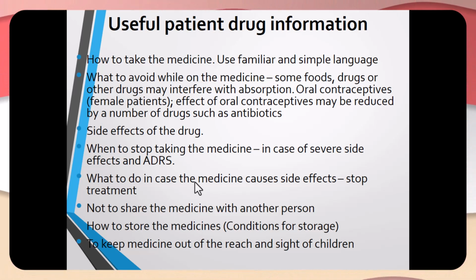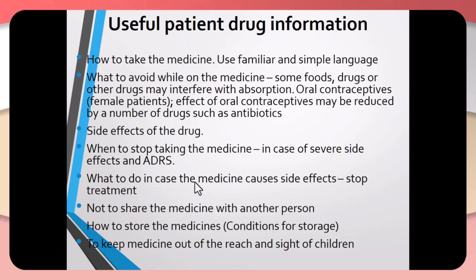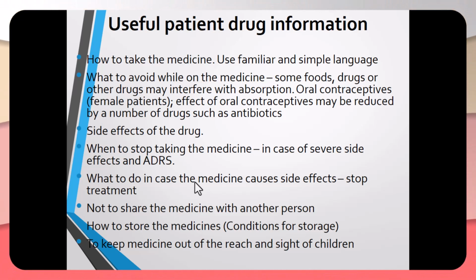For example, the effects of oral contraceptives for female patients may be reduced by a number of drugs such as antibiotics. So in case you are giving them antibiotics, also inquire whether they are swallowing oral contraceptives, okay? Because we know that the effectiveness of these oral contraceptives can be affected by some of these antibiotics.